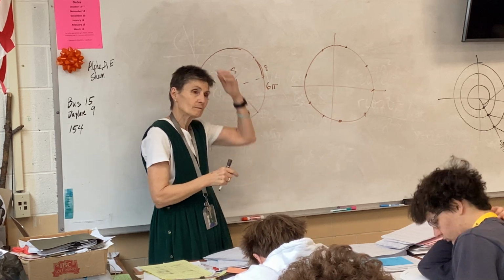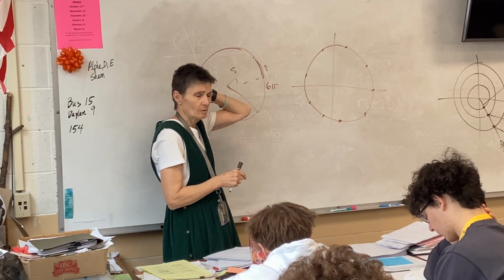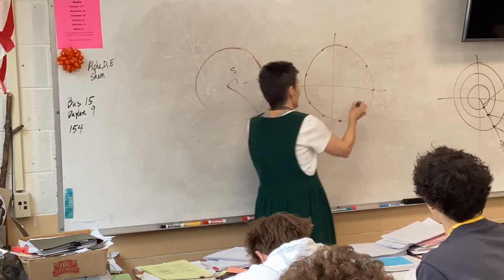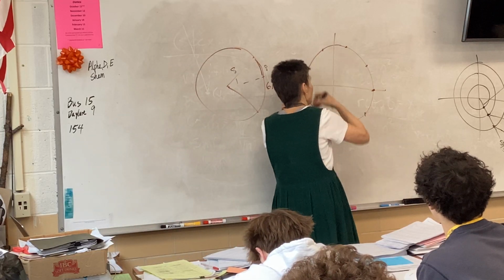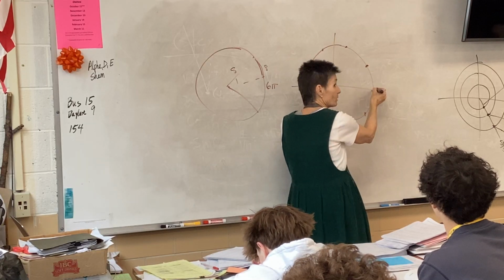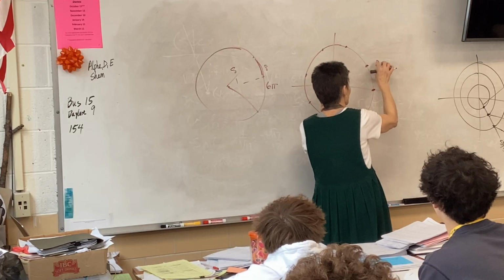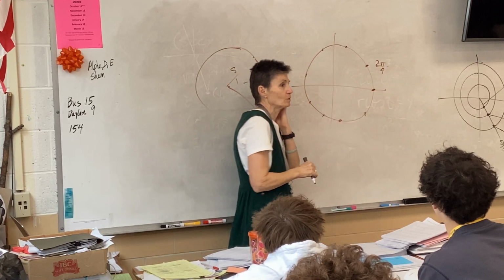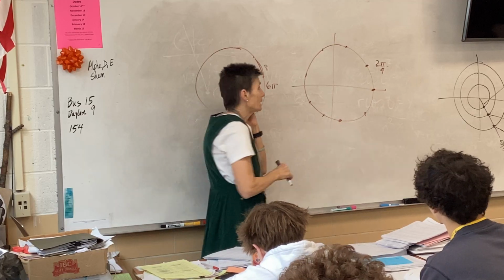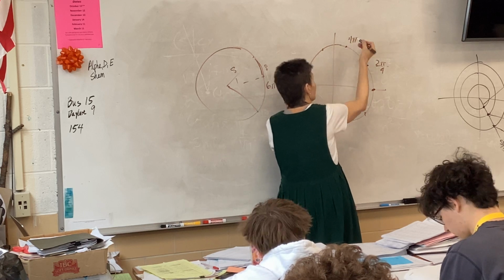Any guesses here? How many points are around that circle? 9. So if there's 9 points around this circle, I got one at the origin, won't this first one be 2 pi divided by 9? Won't it be a 9th of a revolution? And then this one would be another 9th, 2 9ths.